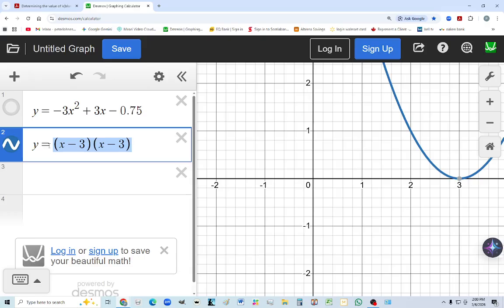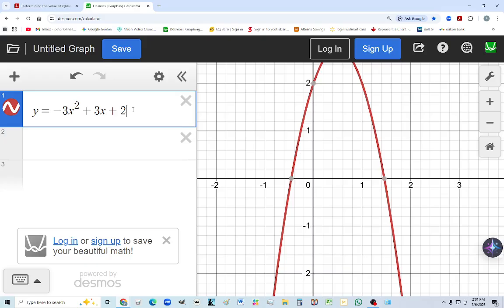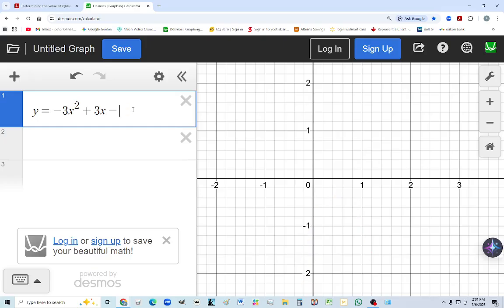These are called two real equal roots. In any other situation, it either crosses twice, as in the case here, or not at all, as in the case here. Twice, not at all, or once.